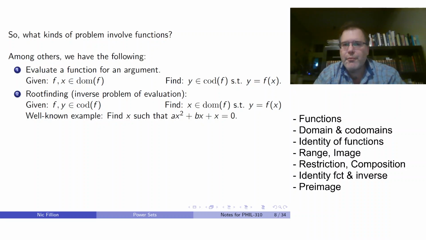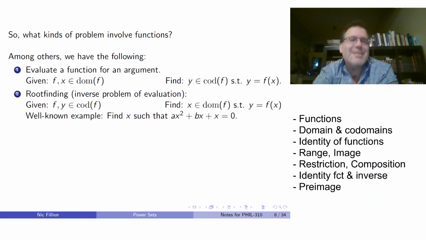That's a root finding problem. And of course, you all remember exactly the formula to find x. I'm sure you do. x equals minus b plus or minus square root of b squared minus 4ac, divided by 2a. Yes, bravo, you remember. Give yourself a little pat on the back. You have not forgotten the essentials.